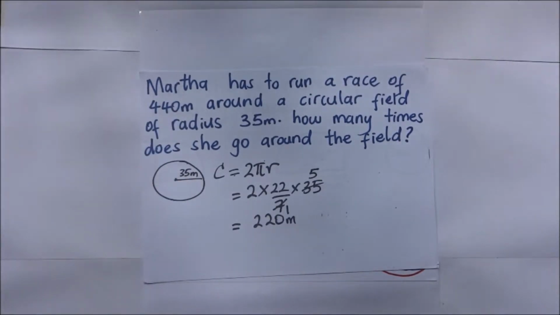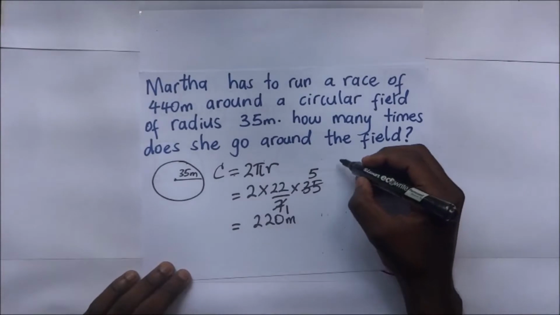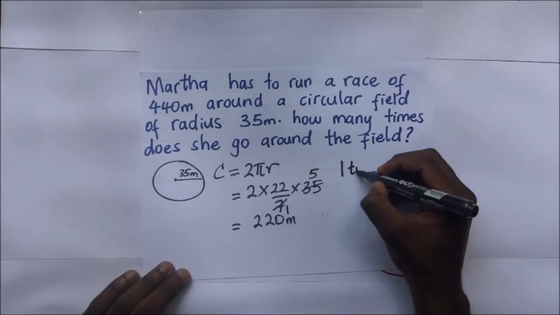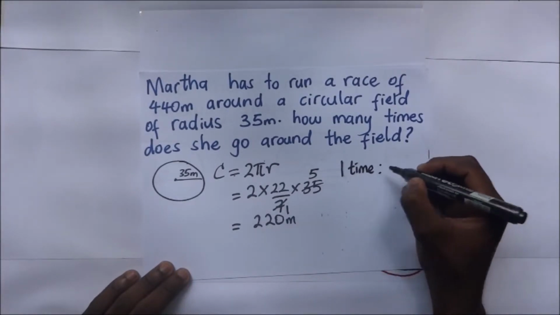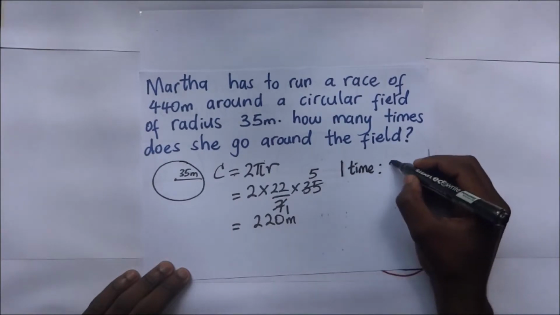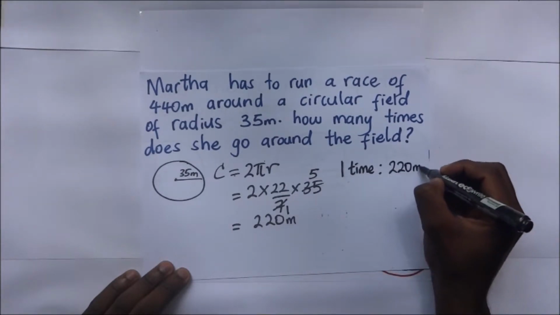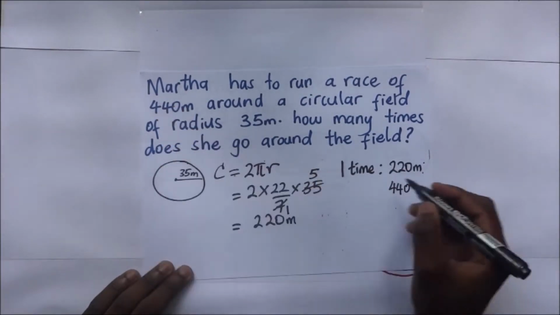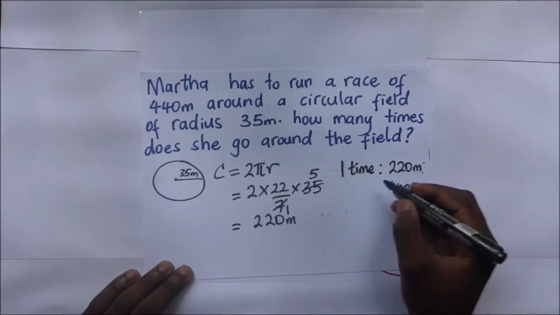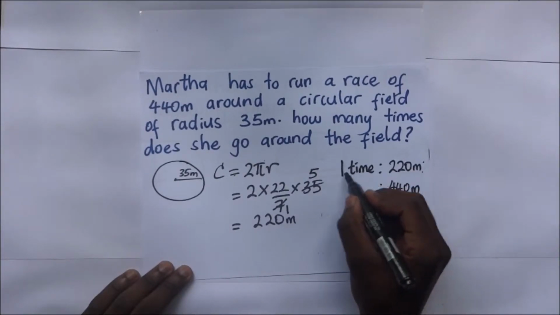Or we can do it simply like this: when she runs around one time, the distance she's supposed to cover is 220 meters. If she is to move 440 meters, how many times will she have moved?